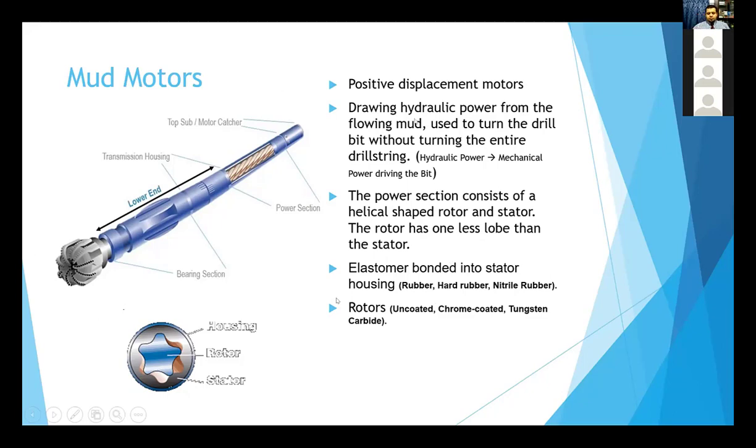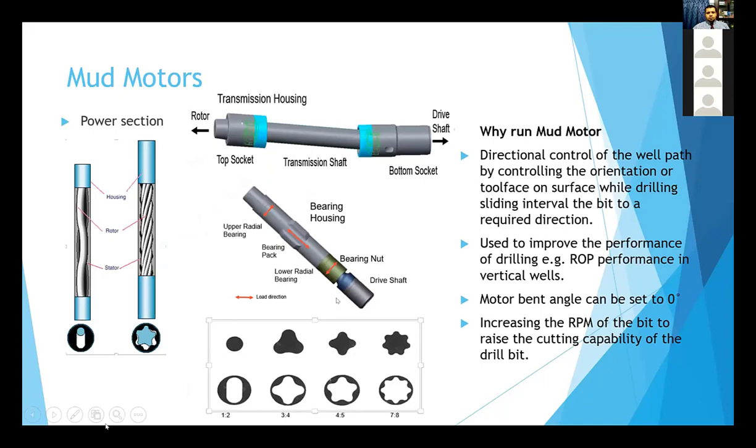Okay. So I'll go through the components of the mud motor. Basically, we have the power section, which I already told you has the housing, rotor, and stator. These are the lobe configurations I have put in the diagram: 1:2, 3:4, 4:5, 7:8. If you use a 1:2 lobe, you can achieve high speed during drilling and low torque.